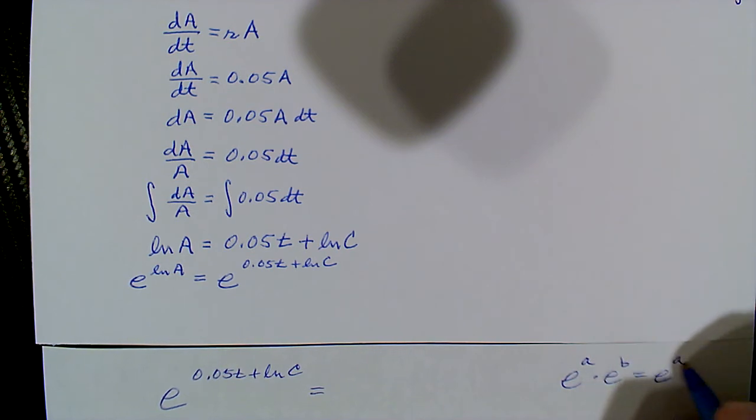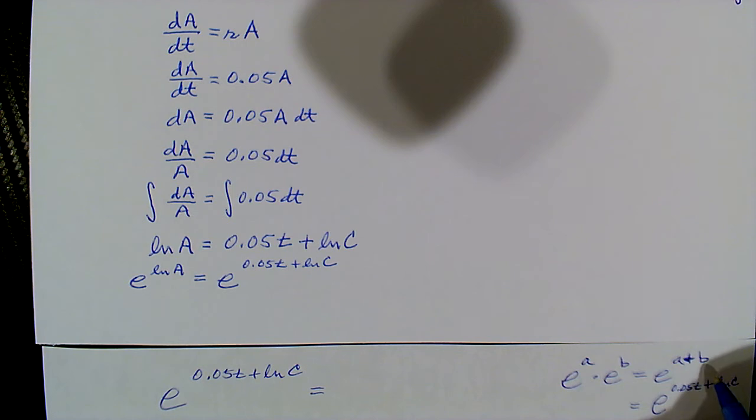Think of the common base rule for multiplying bases of e. Multiplying common bases, we add the exponents, so we're going to treat the 0.05t as our a, and the natural log of c as our b.